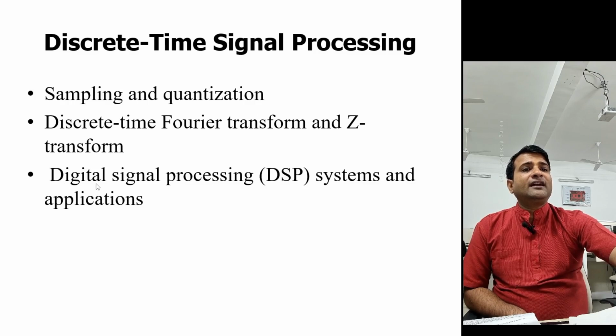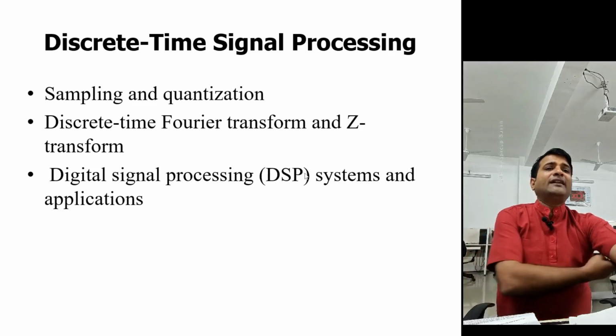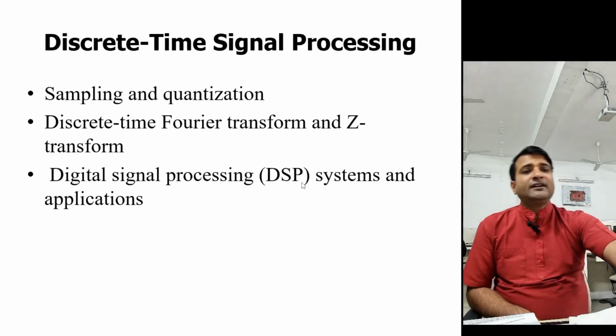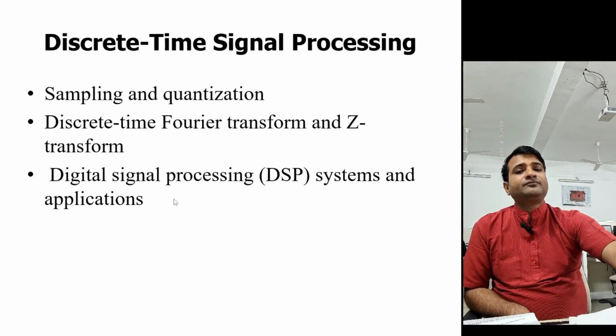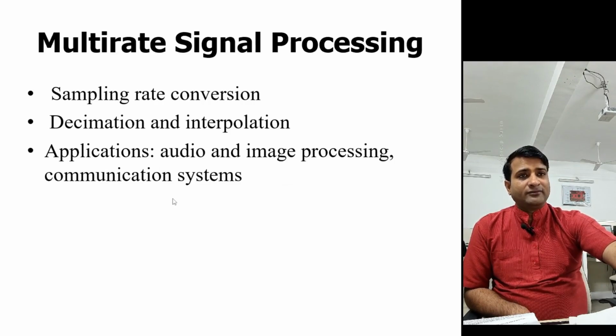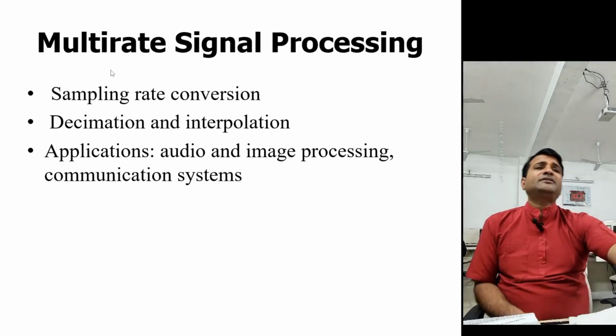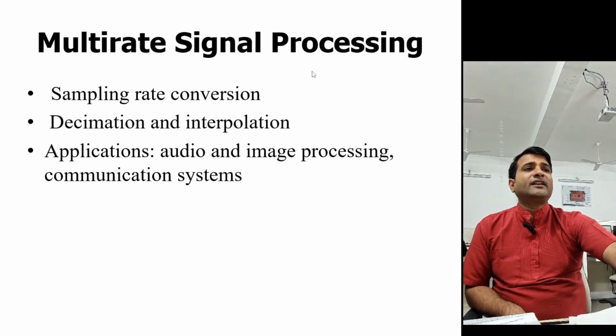In digital signal processing systems, you have seen various applications in speech processing, image processing, and so on. And you have studied multi-rate signal processing: sampling rate conversion, decimation and interpolation, and applications of multi-rate signal processing in audio and image processing and communication systems.